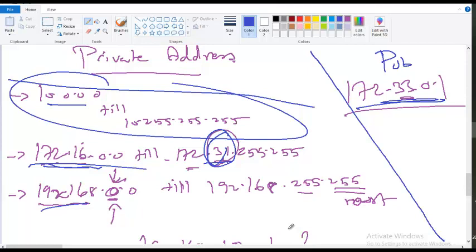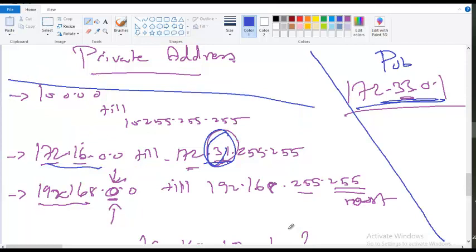But these addresses are private. They are not going to communicate to the public network. If you want to communicate to the public network, you need a public IP address.